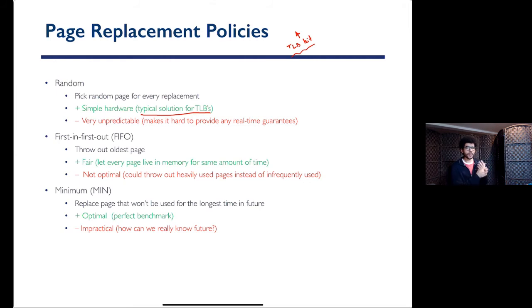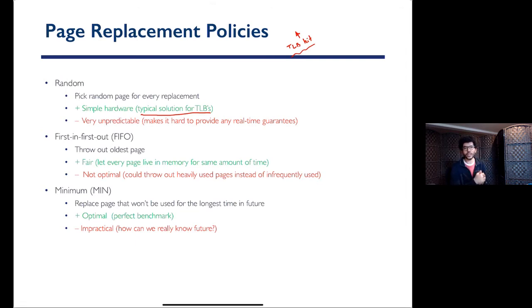So if somebody comes up with an eviction policy, then we can see how close it is to the best. Usually you get a trace of accesses, and then you can see which victims would have been chosen by MIN, the minimum eviction policy.